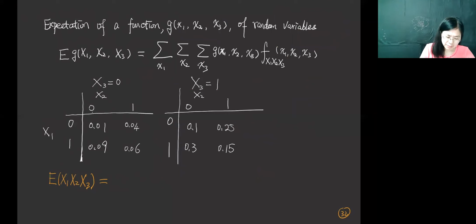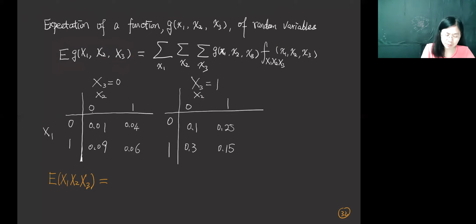What about expectations of a function of three random variables? Here we consider a function g of three arguments, x1, x2, x3. What is the expectation of g of x1, x2, x3, where these x1, x2, x3 are the random variables, the capital letters?